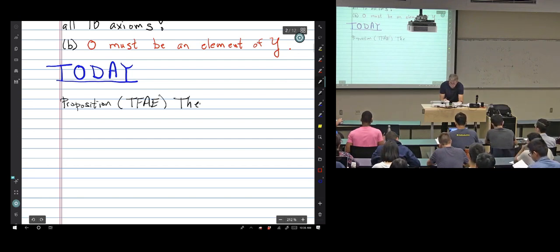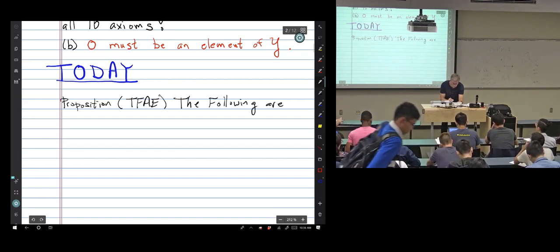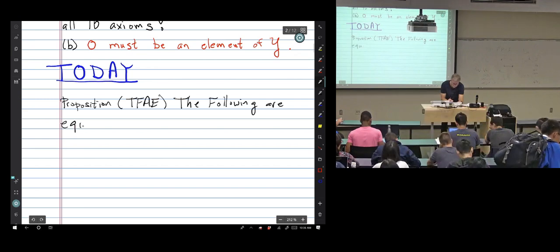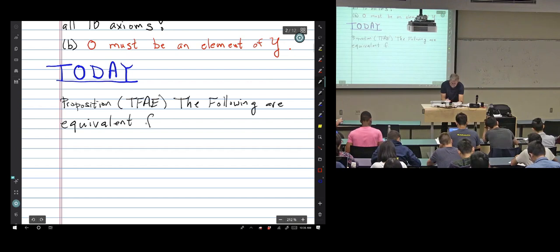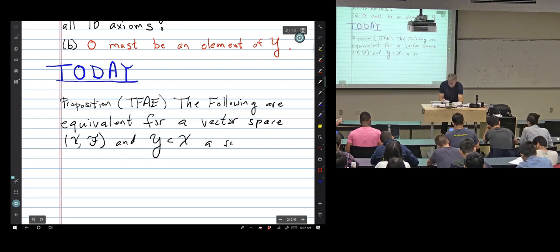The following are equivalent for a vector space X, F, and Y contained in X, a subset.